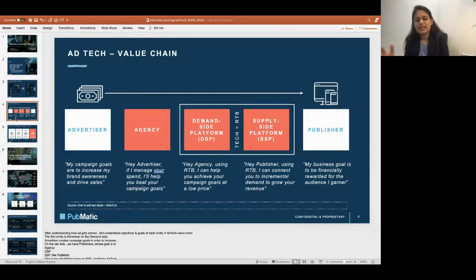On the sell side, publishers integrate with the sell side platform like PubMatic, who also use real-time bidding in order to connect to incremental demand to grow their revenue or yield. This is how the SSP facilitates the AdTech ecosystem.